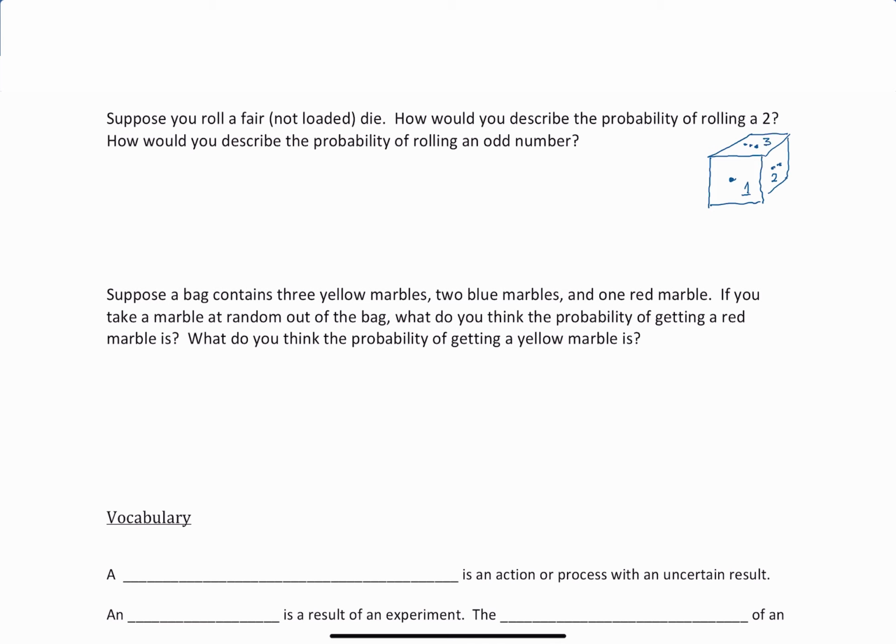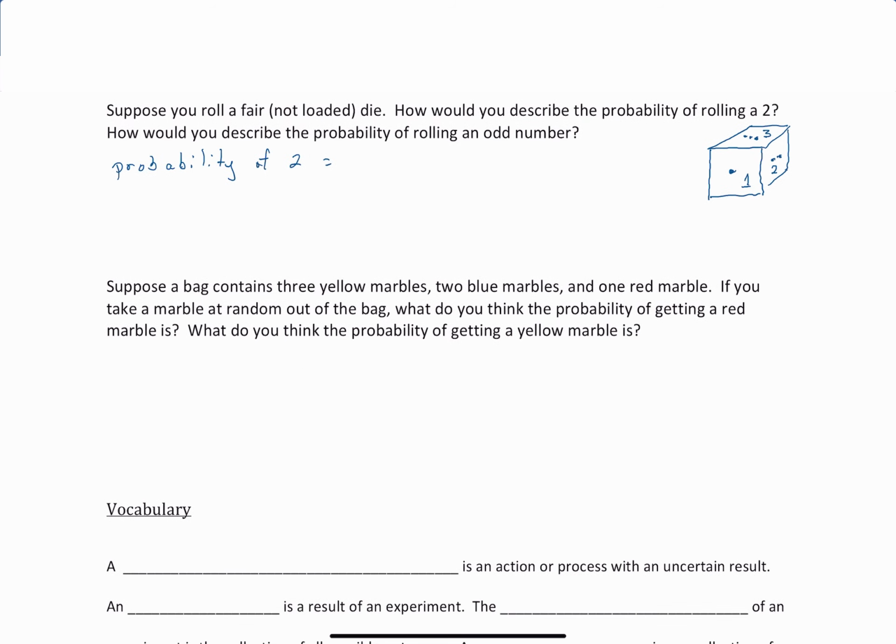So how would you describe the probability of rolling a 2? Well, the way we usually say that in words is you have a 1 in 6 chance. There's 6 sides. We're interested in one of them. They're all equally likely, therefore you have a 1 in 6 chance. A 1 in 6 chance is the same thing as saying you have a 1/6 probability.